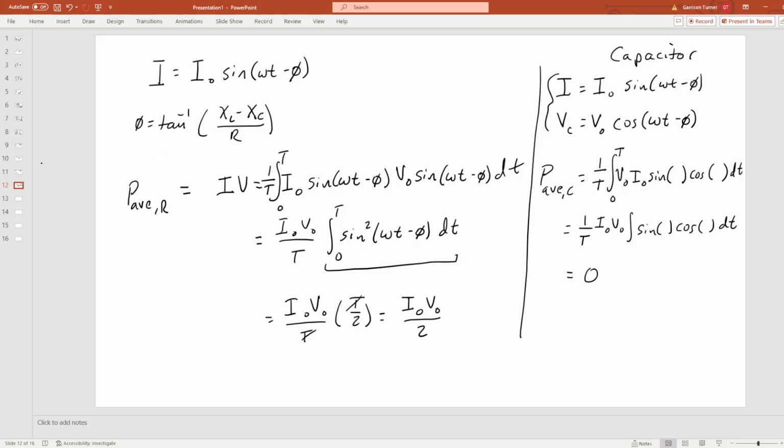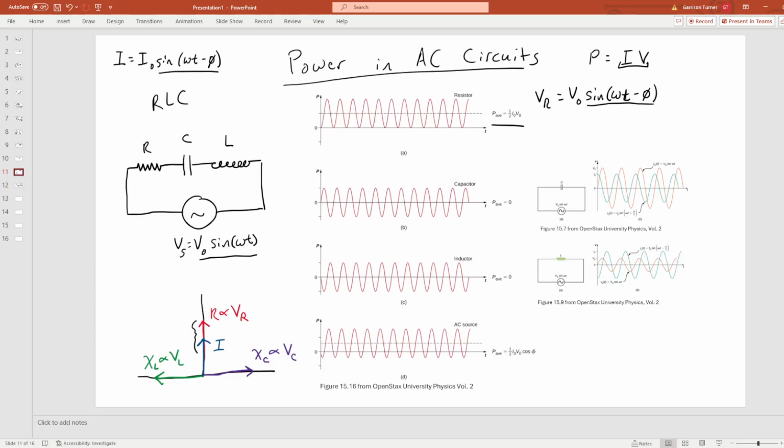One way of thinking about this is if I look at this graph, you'll notice the product of V and I. Right here is where your current dips below 0 the first time. So everything in this shaded region, if I multiply V and I, I will get a positive value.